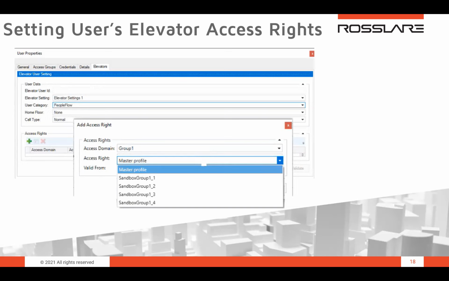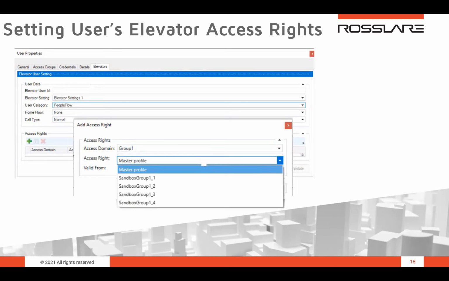A user that will be assigned with such a group will be allowed to go to these specific floors that are in this group. And when he swipes his card at the elevator smart reader, the elevator smart destination terminal, the allowed floors will appear on the terminal touch screen, and the user will have to select one of them.